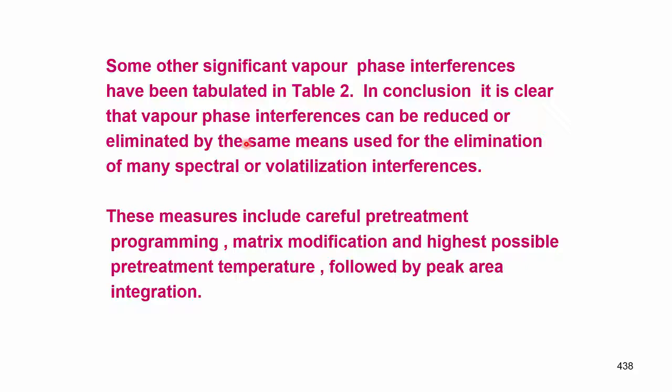The best way to handle all these kinds of interferences is to use Zeeman effect background correction, do a correct pre-treatment programming, use matrix modification, the highest possible pre-treatment and lowest possible atomization temperature, and do peak area integration to take care of tailing, vapor phase interaction, decomposition and several other interferences which we have listed and talked about.